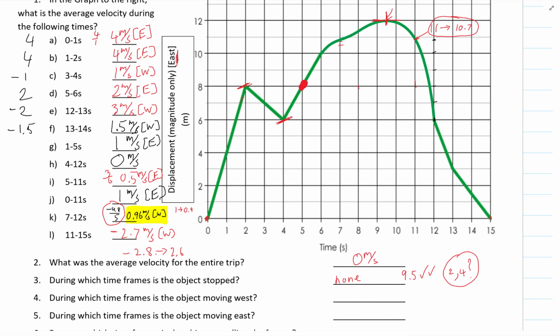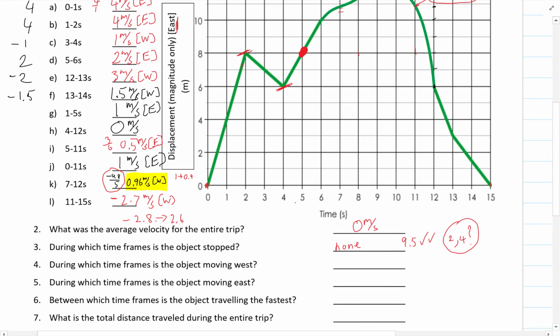Number 4, during which time frames is the object moving west? West would be when the line is going down, and that would be from 2 to 4, and from about 9.5 to 15.